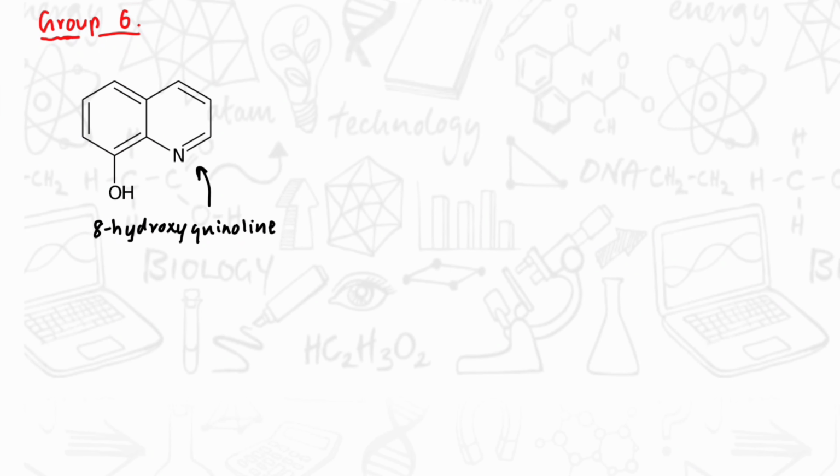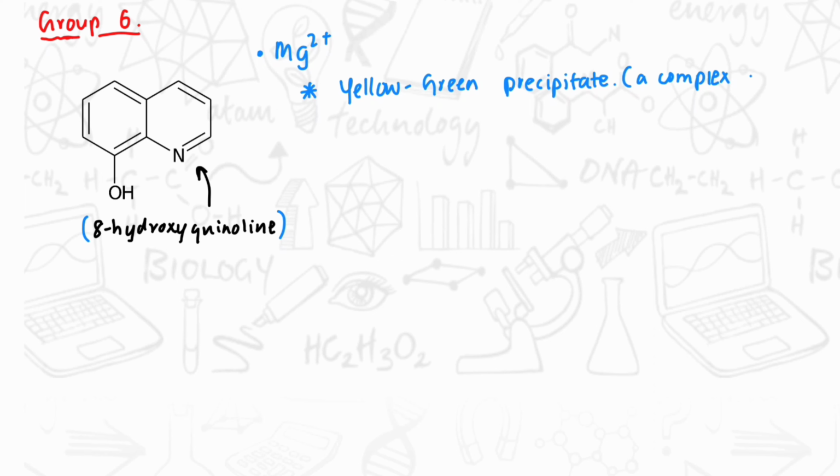On to the last group, which is the 6th group. Here we have only one cation, and that is magnesium 2 plus. And this is the structure of the reagent we use, which is 8-hydroxyquinoline, and this will give us a yellow-green precipitate, which is a complex molecule.